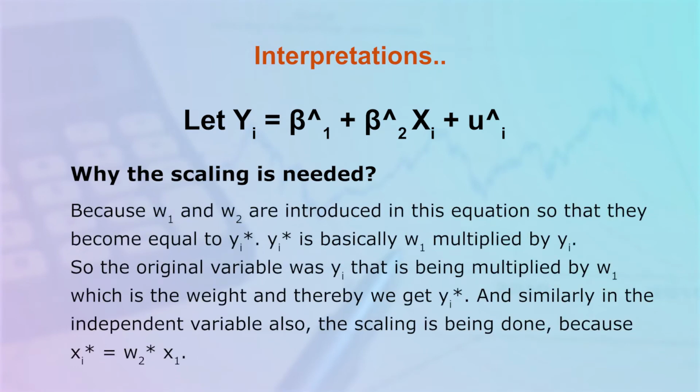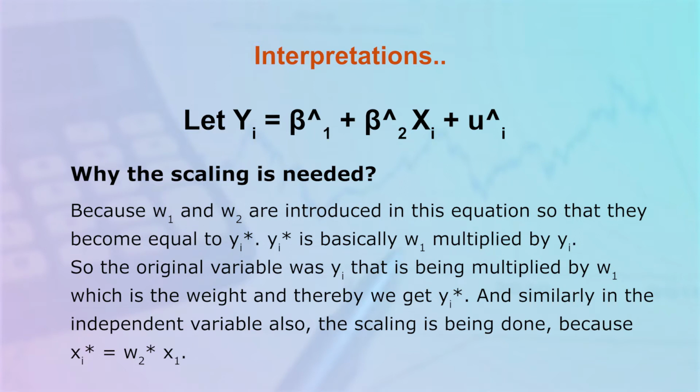Because W1 and W2 are introduced in this equation so that they become equal to yi star. When I say yi star, it is basically W1 multiplied by yi. So the original variable was yi, which is multiplied by W1, the weight, and thereby we get yi star.